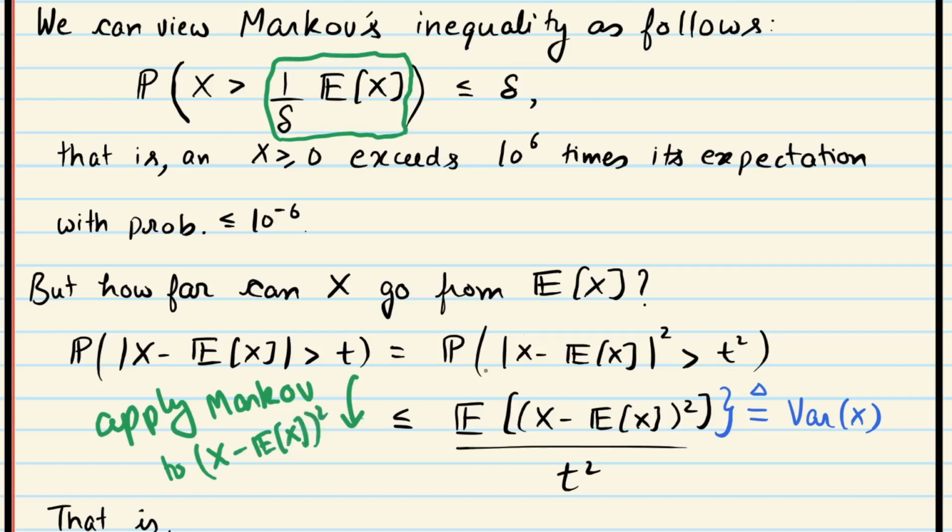So same inequality but applied to a slightly different random variable. The error random variable says that the probability with which x minus EX exceeds t is less than or equal to the expected value of this divided by t squared. So you may now recognize this quantity. This quantity is exactly the variance of the random variable.